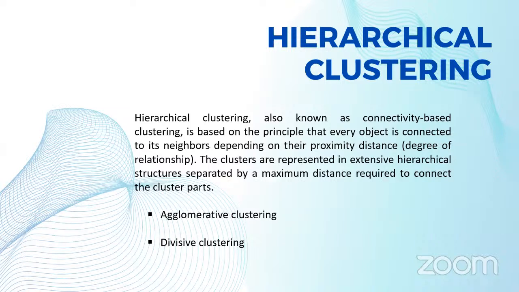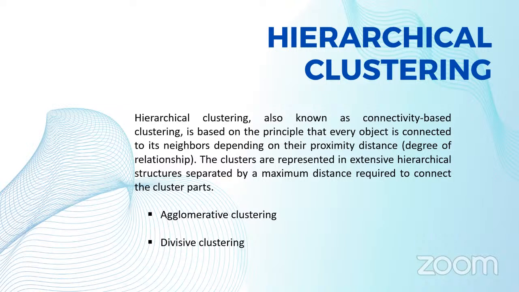In agglomerative clustering, we use a bottom-up approach. It merges the two points that are similar until all points have been merged into a single cluster. Means there is whole data, and then after that the data is merged into one single cluster.